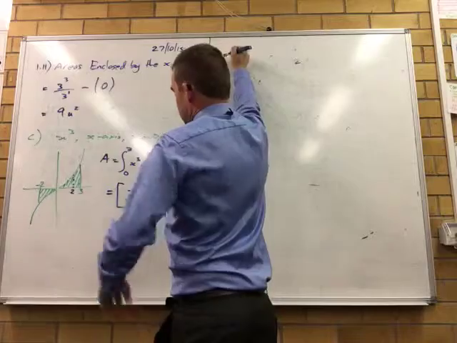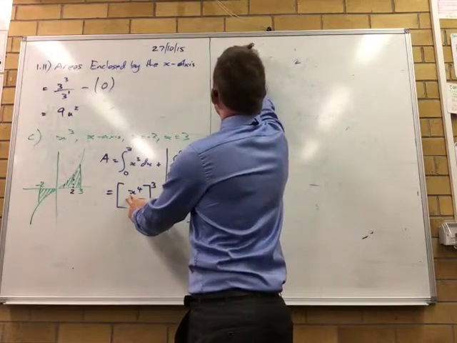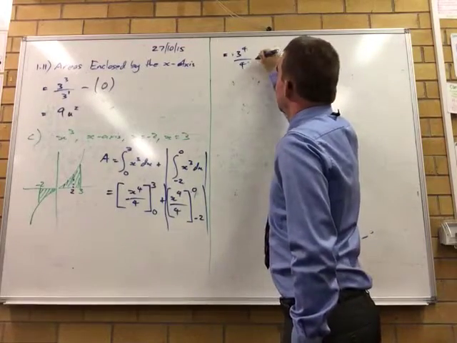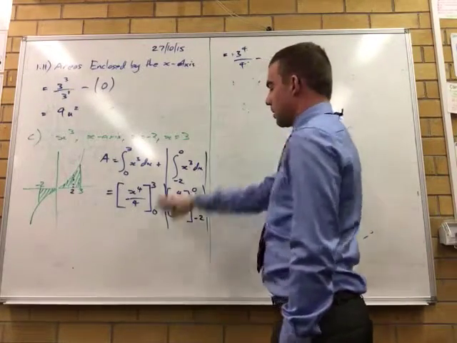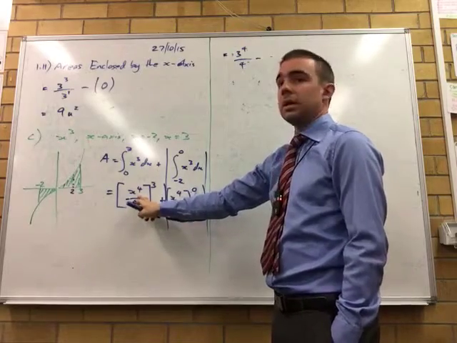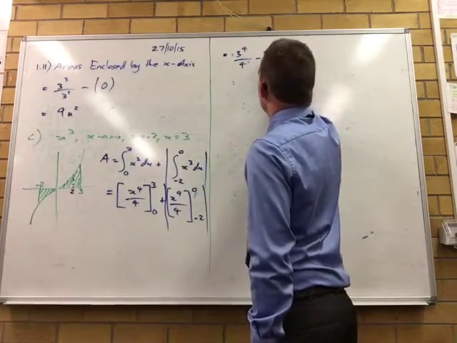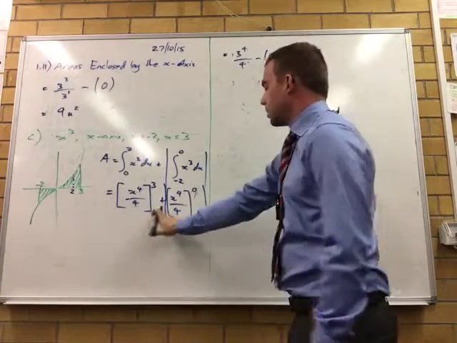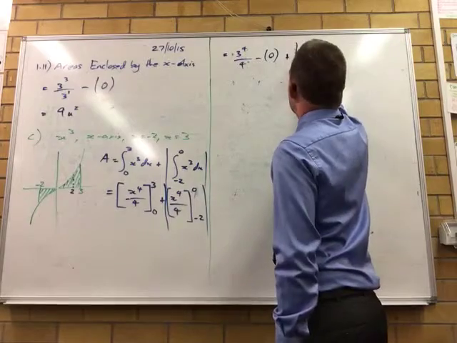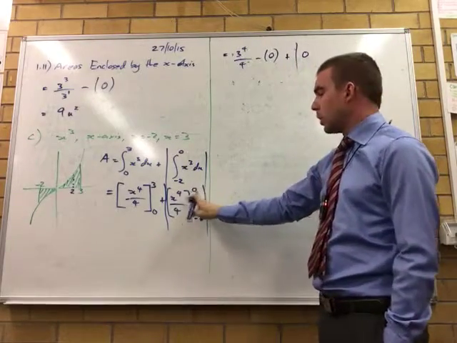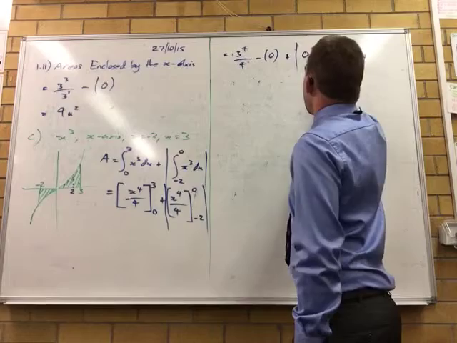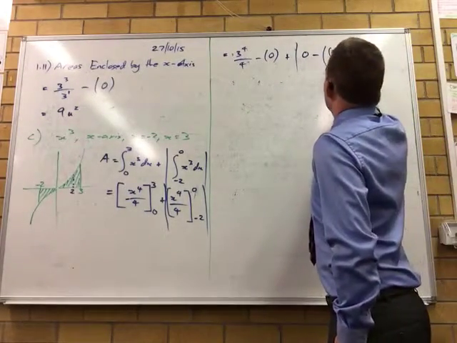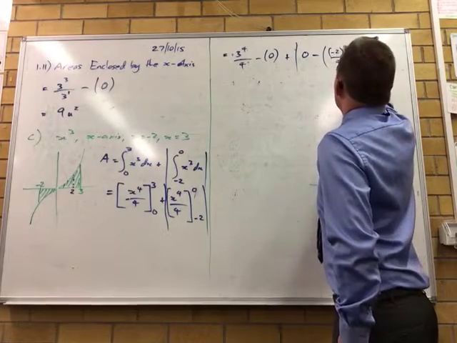So, substituting 3 for x, it'll be 3 to the power of 4 over 4. Take away, if I substitute 0 in here, I'm going to get 0 for that function. And then I'm going to add the absolute value of, again, substituting the highest point, which will be 0, take away, bracket, negative 2 to the power of 4 over 4.